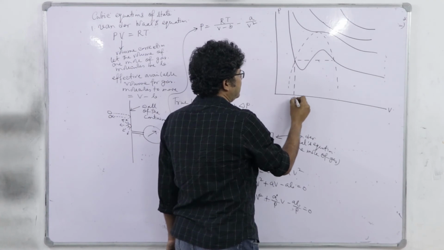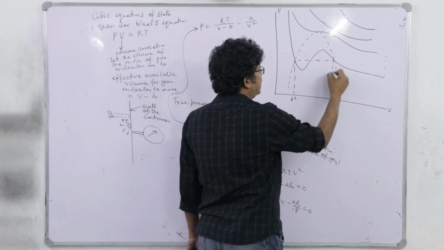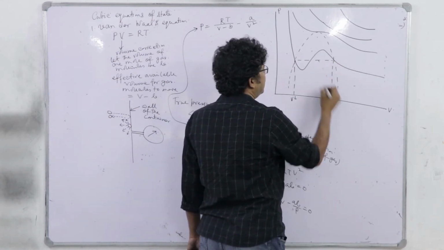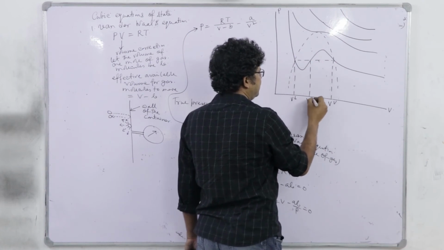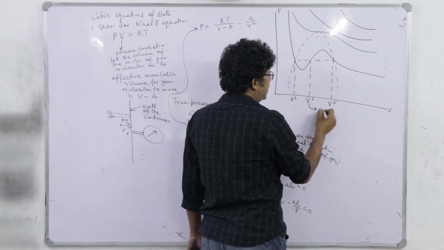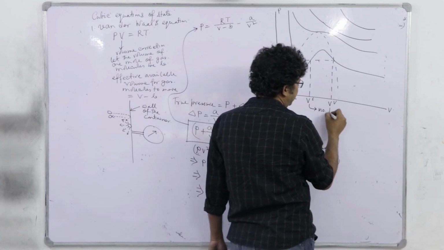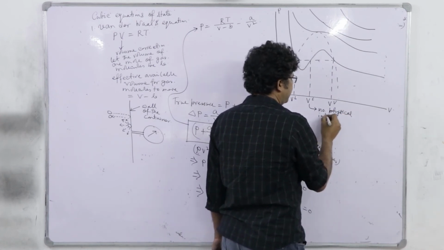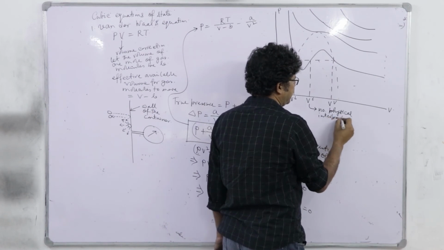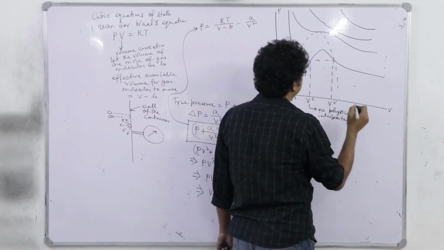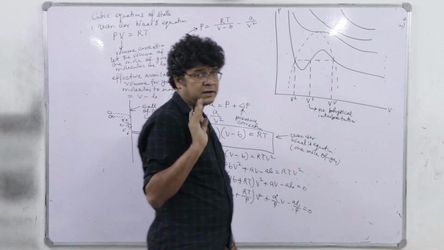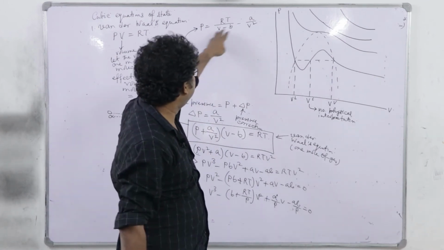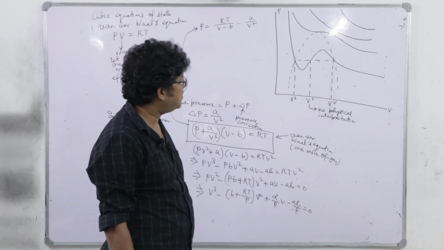One is V liquid, another is V vapor, another is V intermediate. This has got no physical interpretation. Right. We will try to rationalize this, but before that let us try to find out A and B.